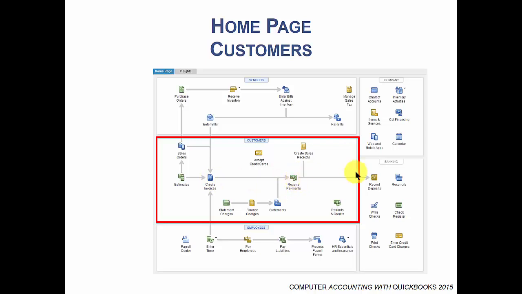And that will automatically go to undeposited funds, which we will explain later. But then you also have creating sales receipts that can bypass all of this and go straight to recording deposits. So it's a matter of choosing which transaction you want to use in that particular situation. Now let's go on to the next area.